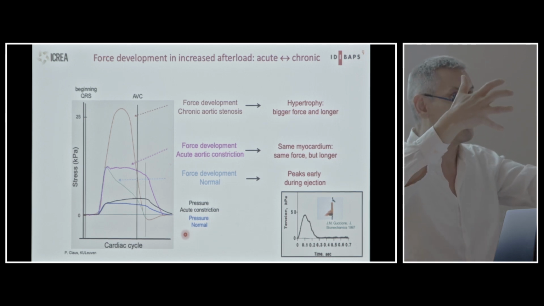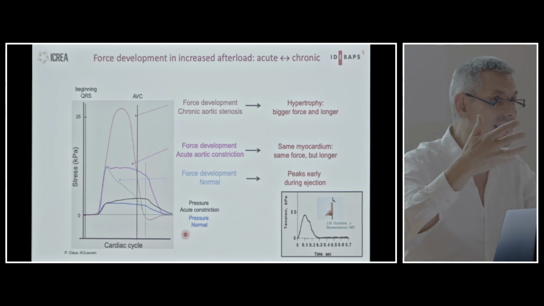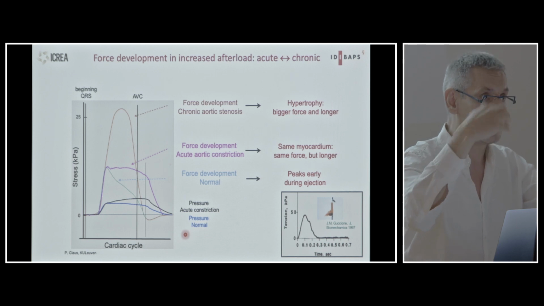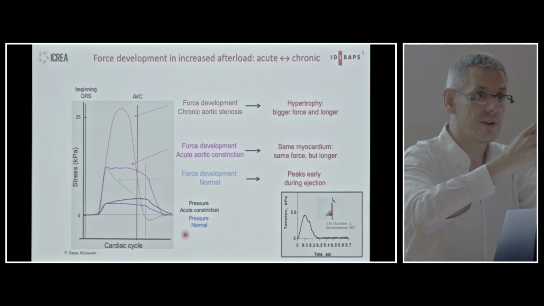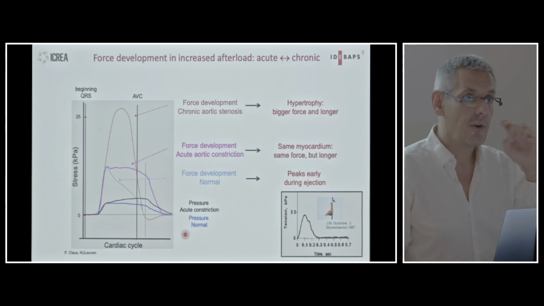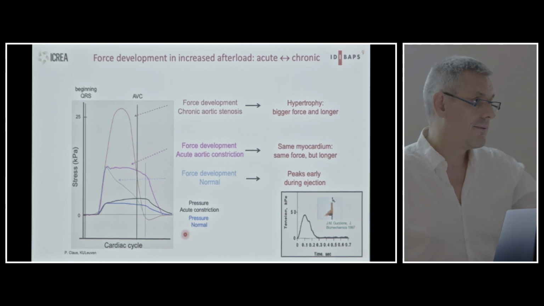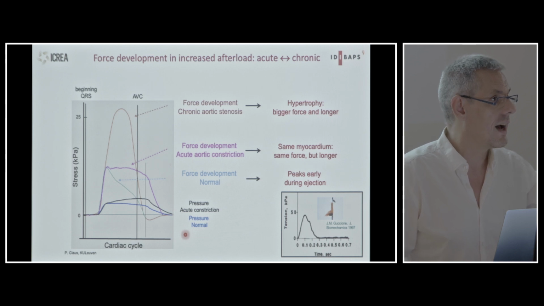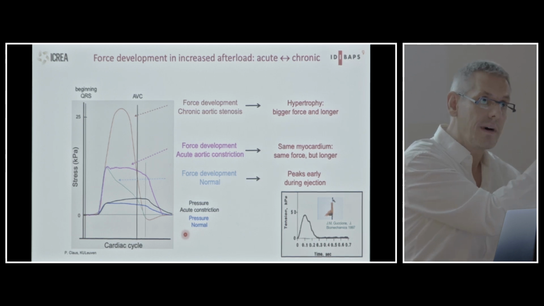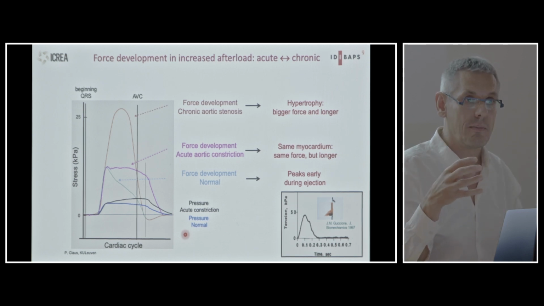You just keep on developing force much longer. But the biggest disadvantage is, of course, that at early filling you're still not relaxed at the cross bridge level, which means that you're stiff, which means that you have early relaxation abnormalities. So if you have early filling problems in aortic stenosis or hypertension, that can be as much because of the fact that it has to contract much longer as because you would have fibrosis.